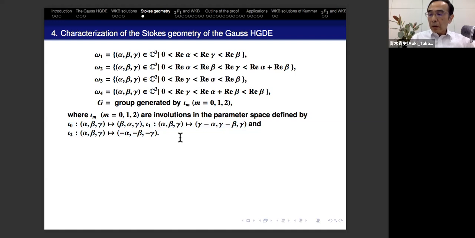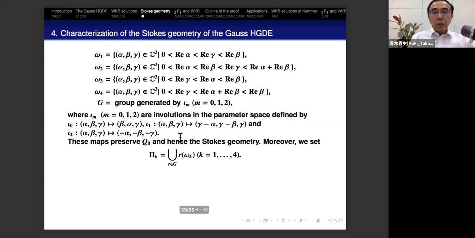And next, we set capital pi k to be the union of images of omega k by this group. And the union of pi k is an open dense set, and the complement is our exceptional set. So almost all of the parameter space is covered by the union of pi k.